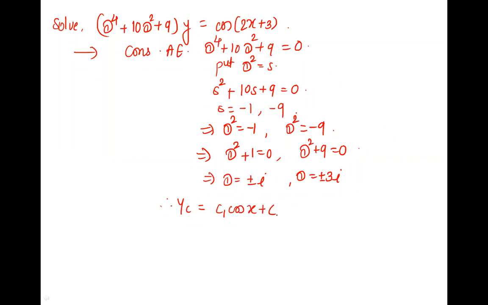C1 cos beta x plus C2 sin beta x, beta is 1. Plus, here again alpha is 0, e raised to 0x in bracket, C3 cos beta x, what is beta? 3. 3x. Plus C4 sin 3x. Correct. This is your yc.